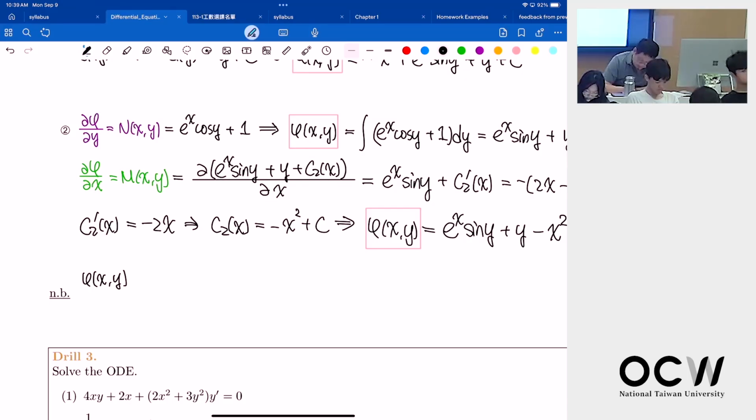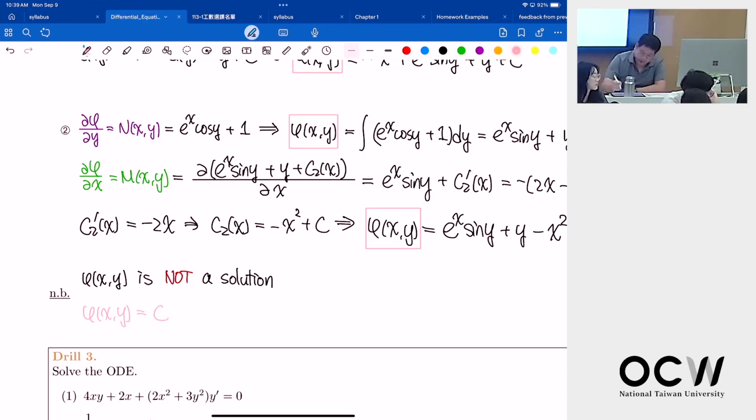The potential function is not a solution. What is the general solution? The general solution should be the potential function equals c. That is the general solution.